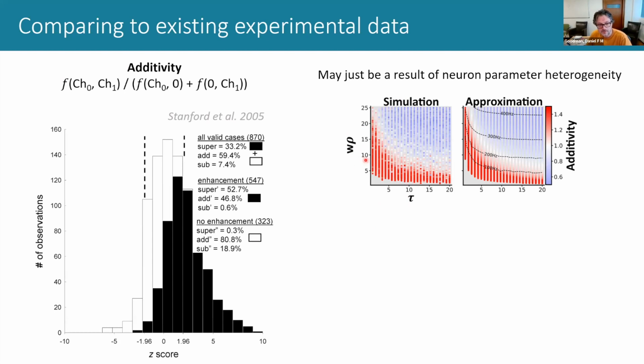So here, the red means super additive, white is linear, and blue is subadditive. So you can see that in this parameter space, there's a whole bunch of different values going from super additive to subadditive. So if you're not controlling for trying to get linearity here, you probably won't get it. So you would probably see something like this purely by chance. By the way, this over here is a diffusion approximation of a simulation over here. It does a pretty good job in this case.